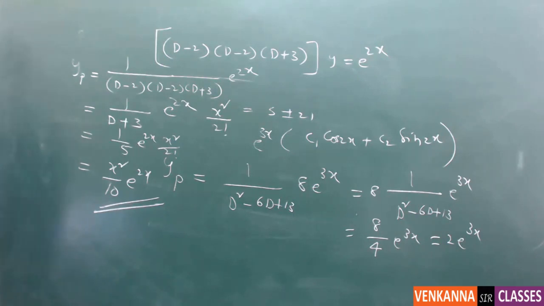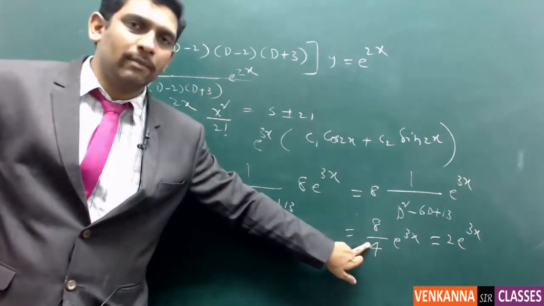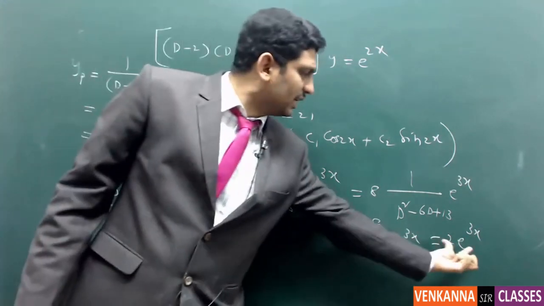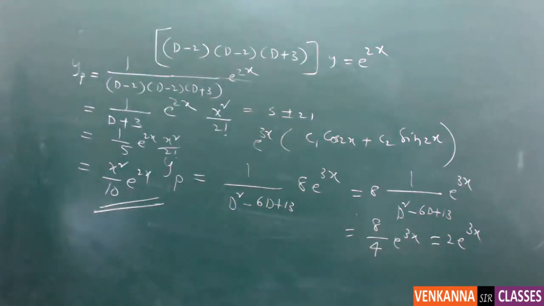So the thing is, whenever right hand side function is exponential, say e power x, e power 2x, etc., the number in the power must be substituted in place of d, so that denominator will give you a non-zero number, which is our required particular solution. Okay? Accepted?